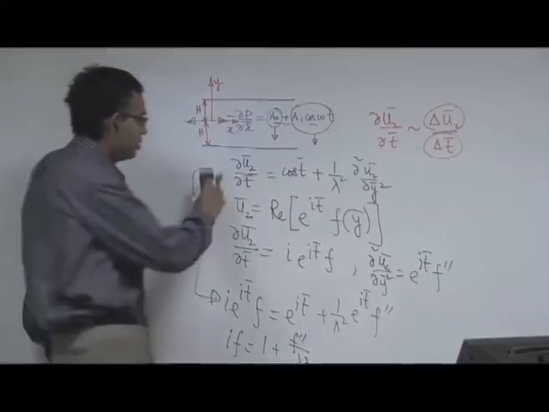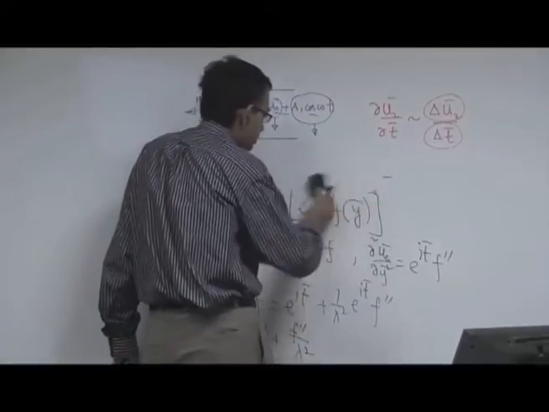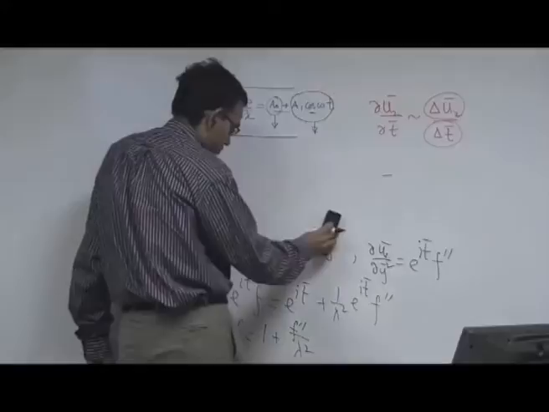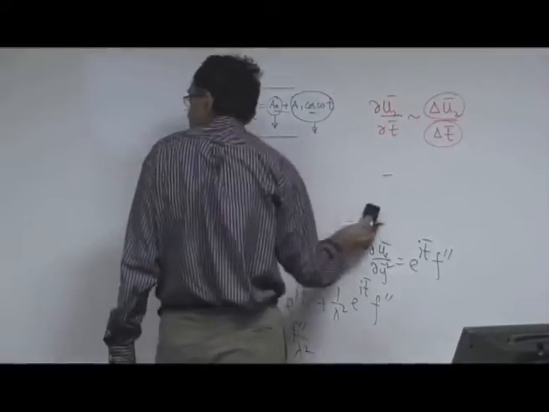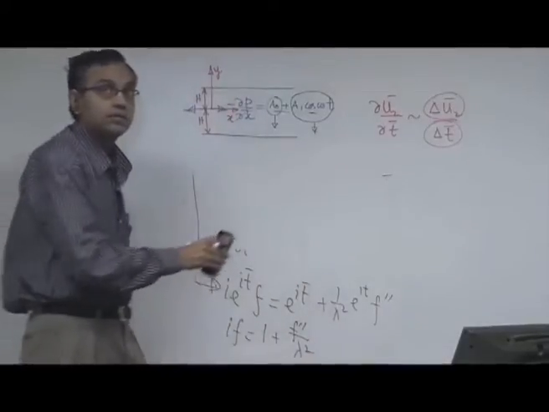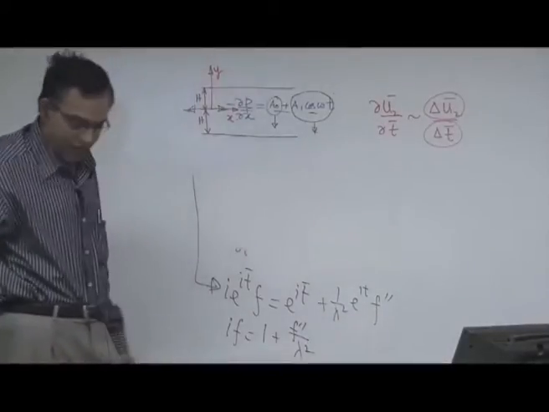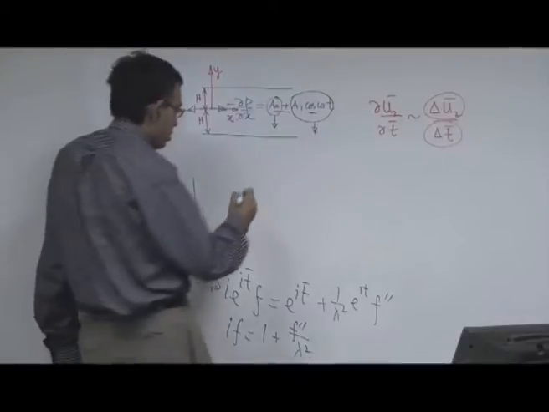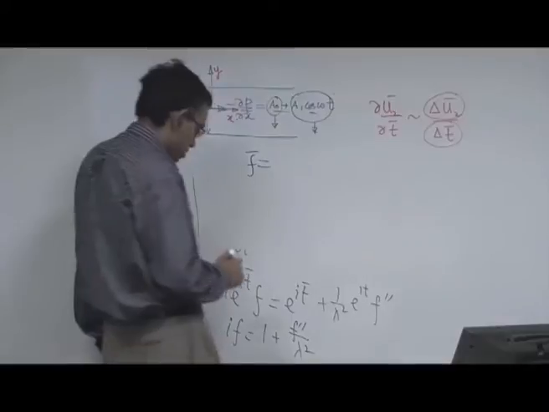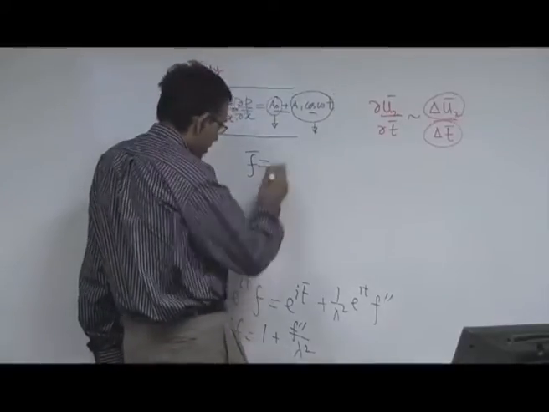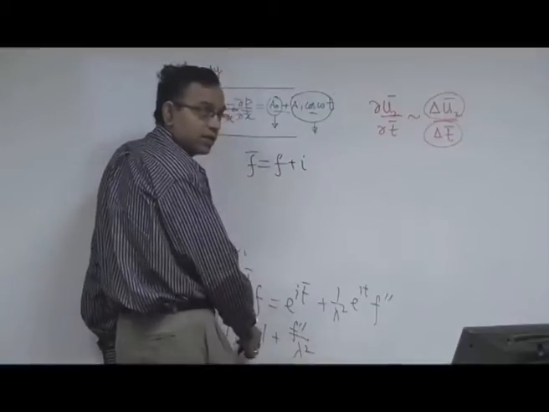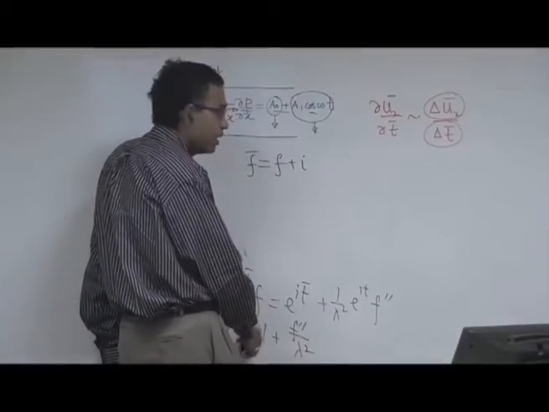Just to ease the algebra, we consider a new variable f bar which is f plus I, so that these two terms will combine together to give one single term.